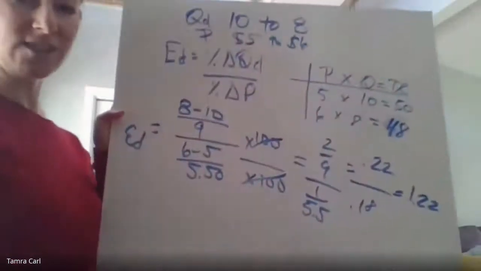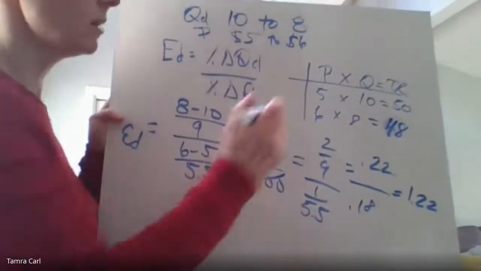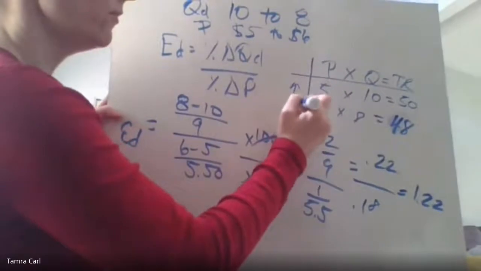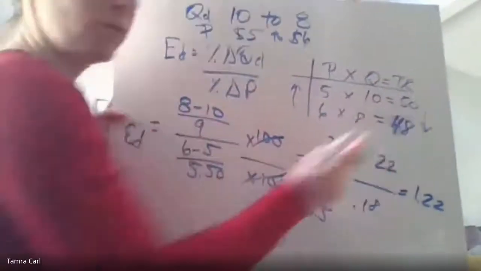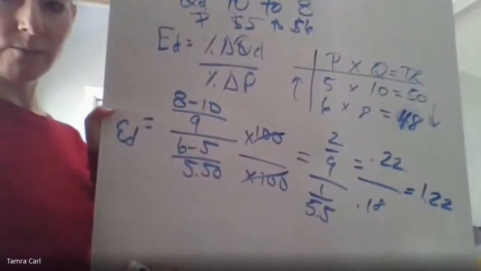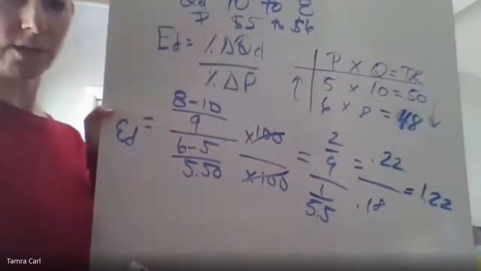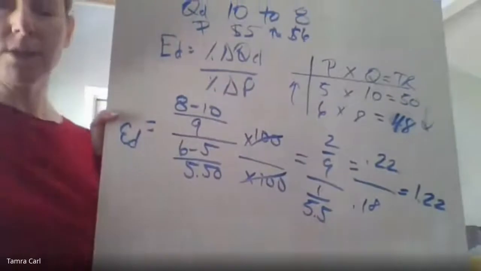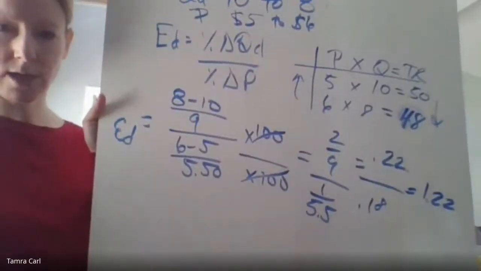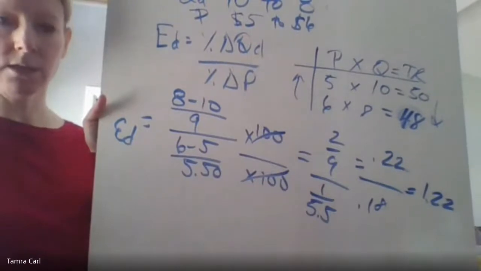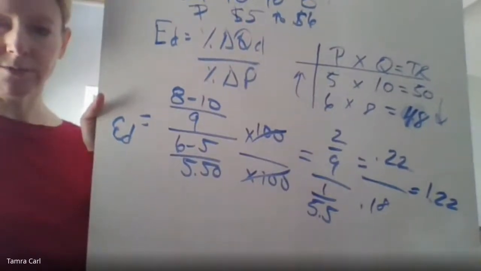Look at how much faster that was, right? My price went up from $5 to $6. My total revenue went down from 50 to 48. I needed absolutely no calculator there. So if they give me this stuff and they just ask me, is the good elastic or inelastic or unit elastic, I'm going to do the total revenue test.